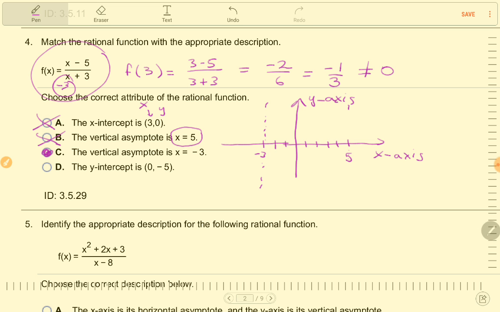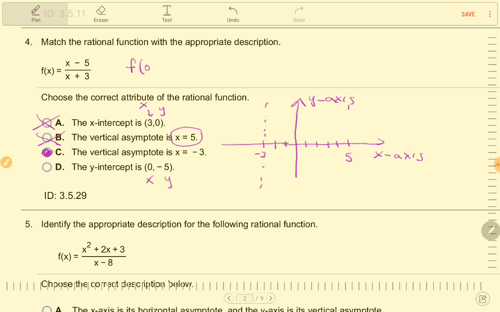Let's check the last one just to see if that one could be it either. The y-intercept is (0, negative 5). Okay, well, let's check it out. If we plug in x equals 0, do we get y equals negative 5 from our equation? So we'll do f of 0.